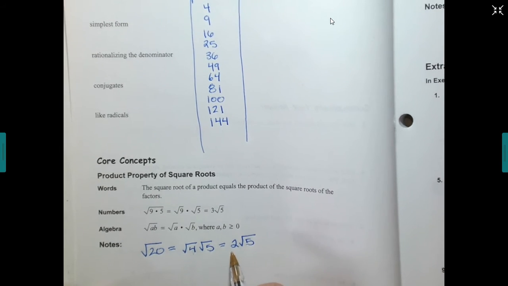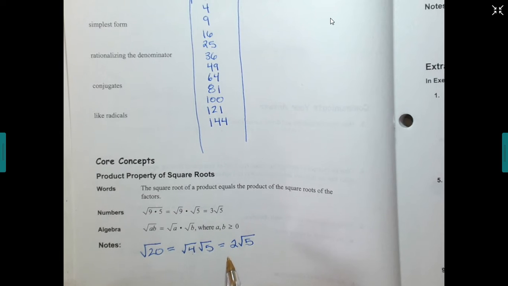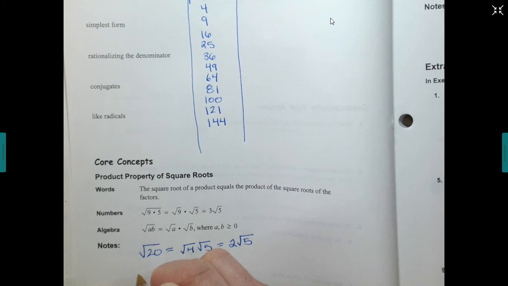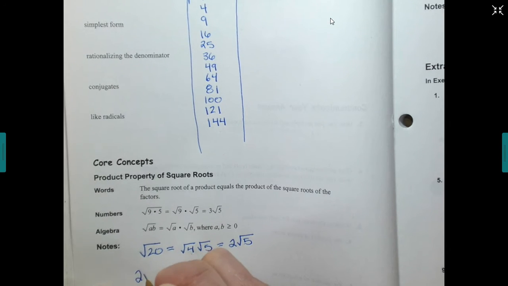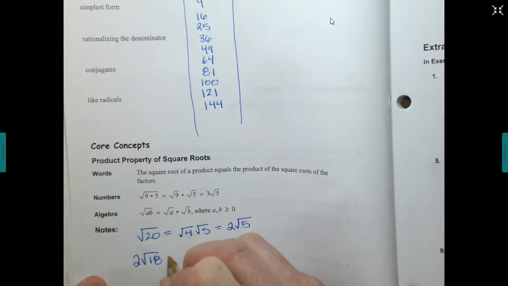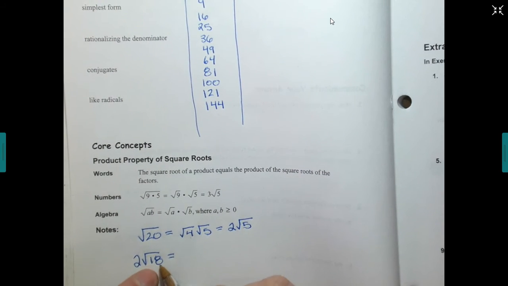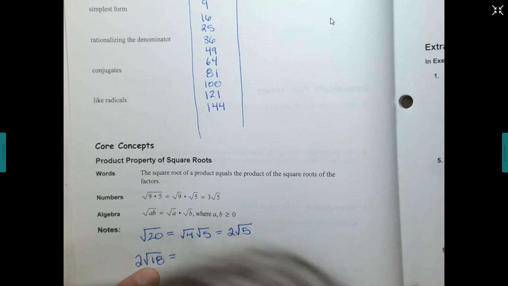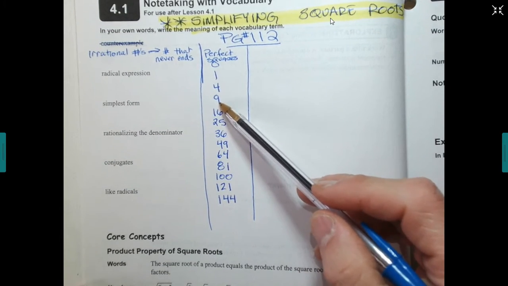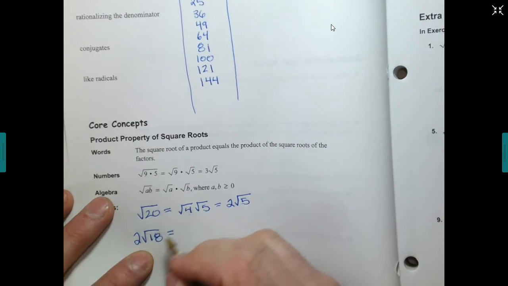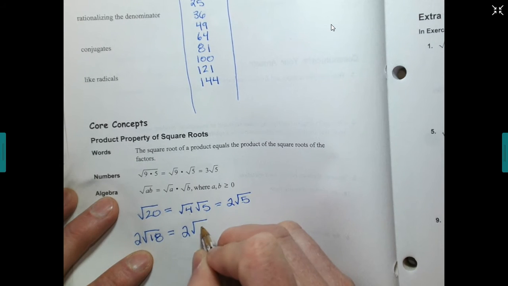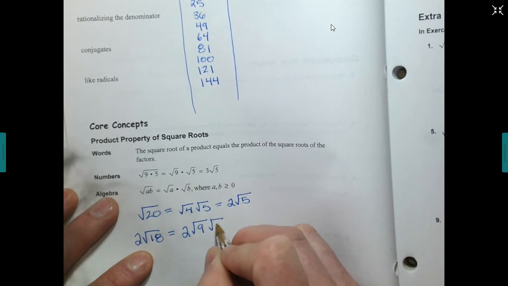So let's do another one. Let's do 2 times the square root of 18. Are there any perfect squares that make up 18? Oh, 2 times 9. So I have 2 times the square root of 9 times the square root of 2.